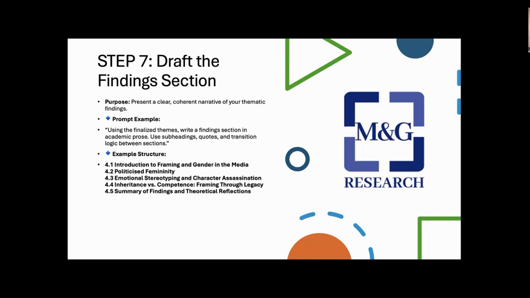Then you give it an example of the structure you're looking for. You say, introduction to framing and gender in the media, then 4.2, politicized femininity. And these are the themes, remember, that came out. So you want your findings section to be discussed according to those themes, right? Then you press enter. So this is what happens.